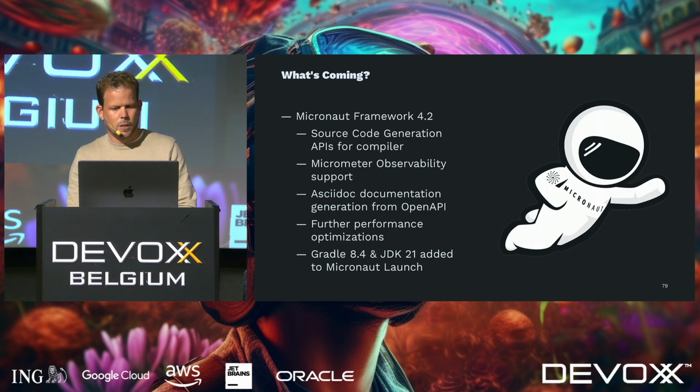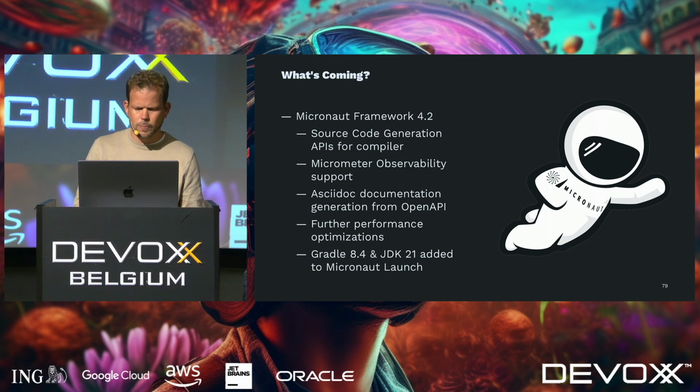So what's coming? In Micronaut 4.2, we're going to add source generation APIs for the compiler, with the potential long-term to do more around source generation rather than the bytecode generation we do now. We will be adding Micronaut observability support, and ASCII documentation generation from the OpenAPI.